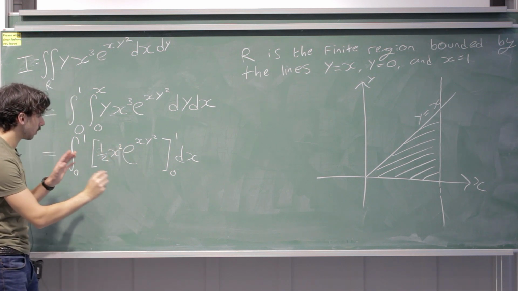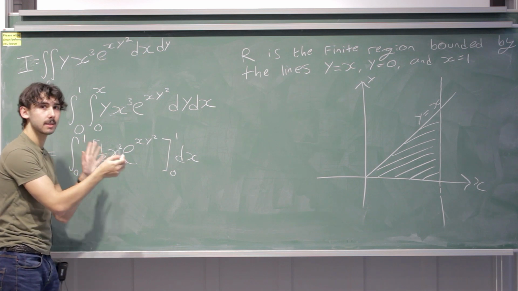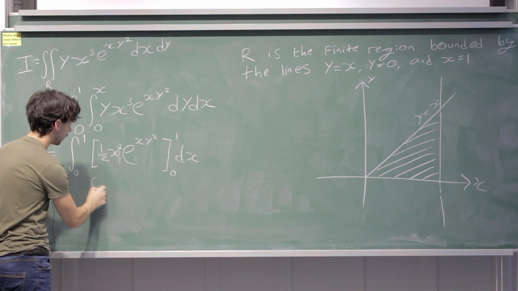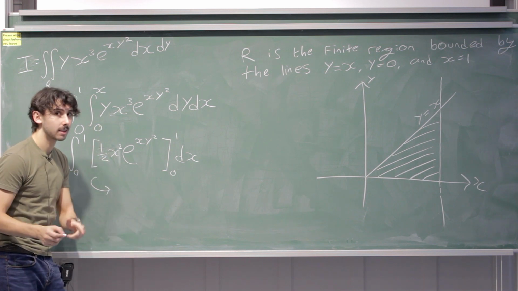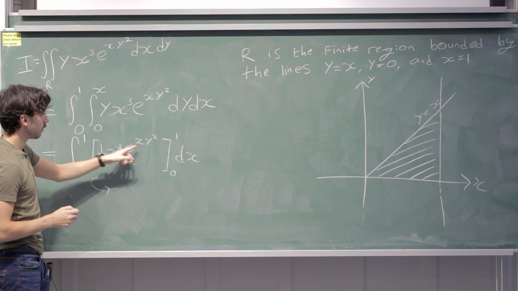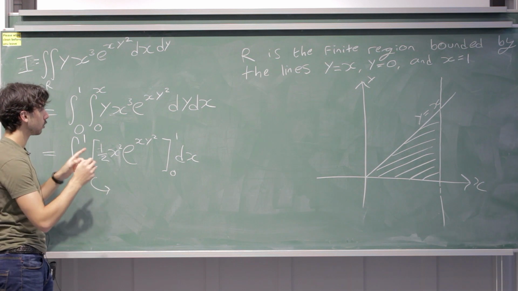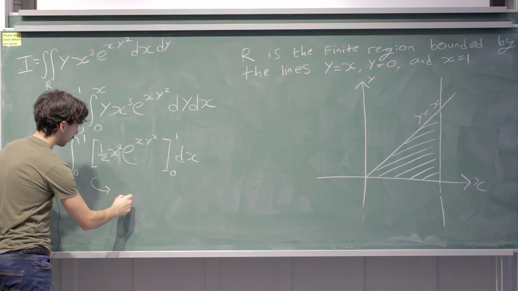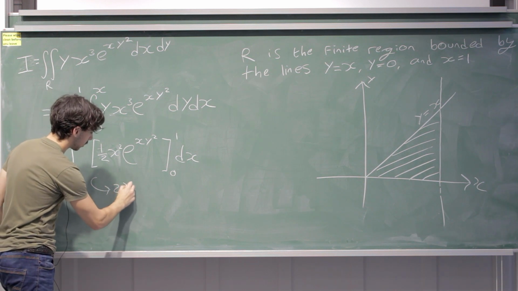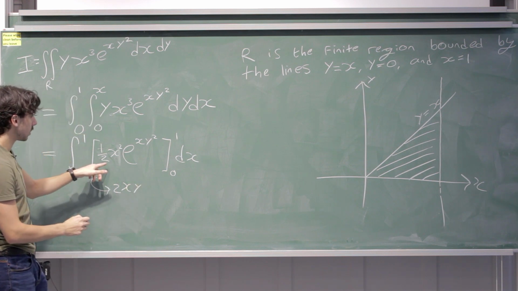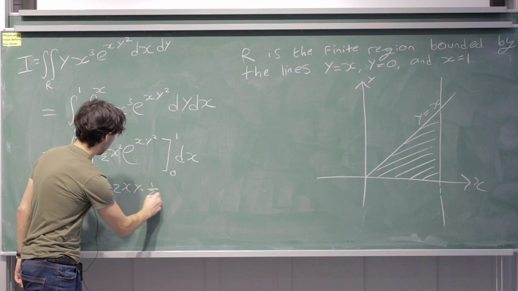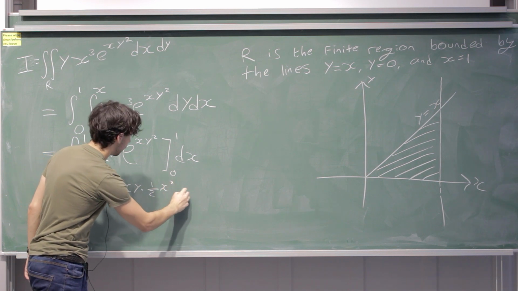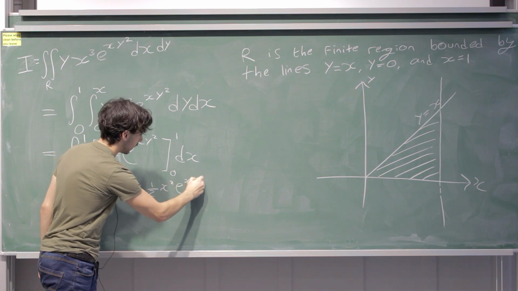And just to make sure it's really, really clear why, let's differentiate this and see what happens. If we differentiate a half x squared e to the xy squared with respect to y, the derivative of xy squared is 2xy. So we've got 2xy times the original function, which is a half x squared e to the xy squared.